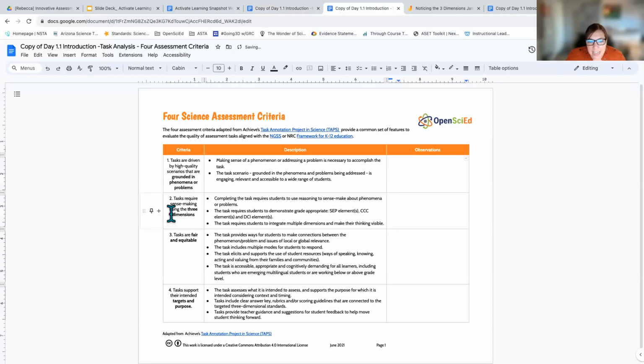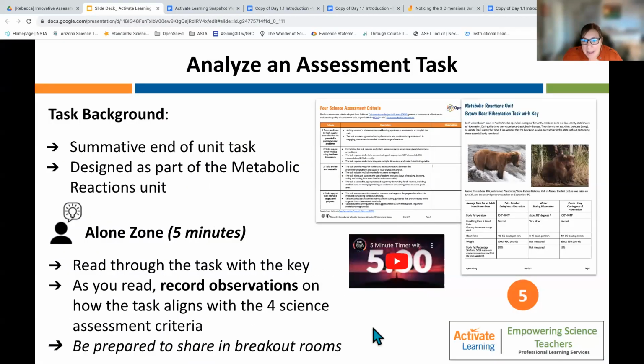If you find evidence of use of sense making in the 3 dimensions, like did you see the practice, the crosscut, the DCI element, you're going to put it here. So as you're going through the task, you're taking notes on where you saw these things present. And then I am going to ask us to go in breakout rooms to share your ideas.